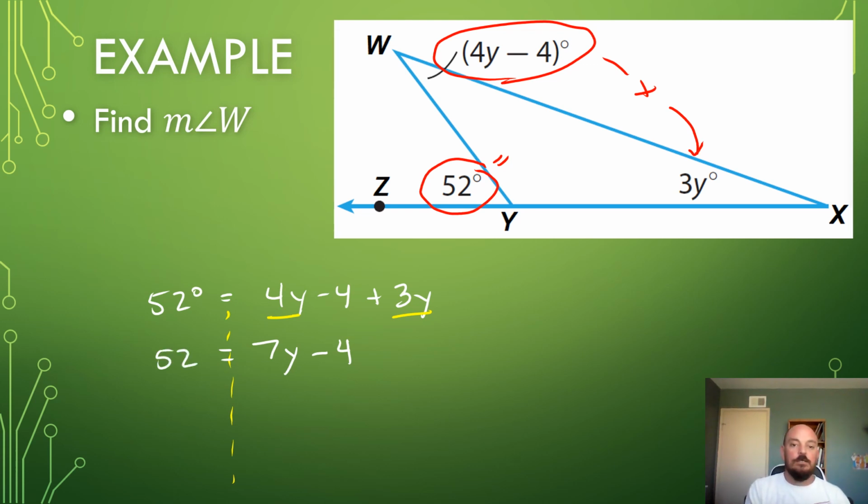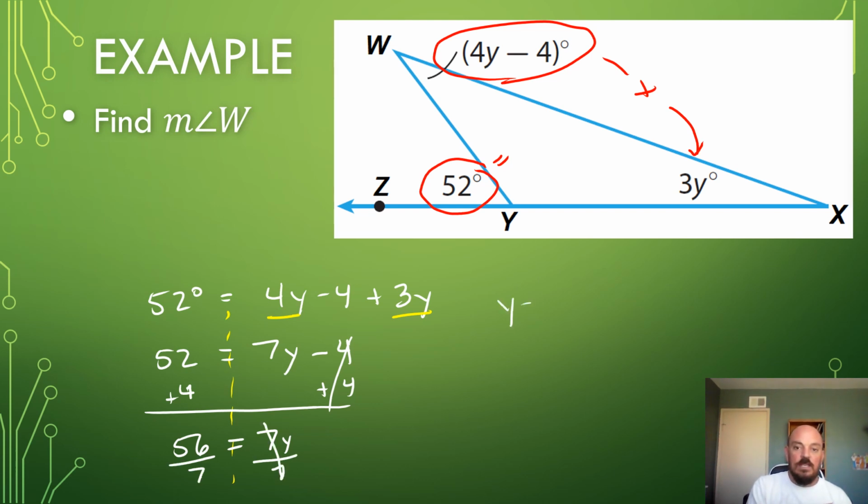Then we'll solve for y. So I will add 4 to both sides. 52 plus 4 is 56 equals 7y. Then we divide both sides by 7, and y equals 8. 56 divided by 7 is 8.